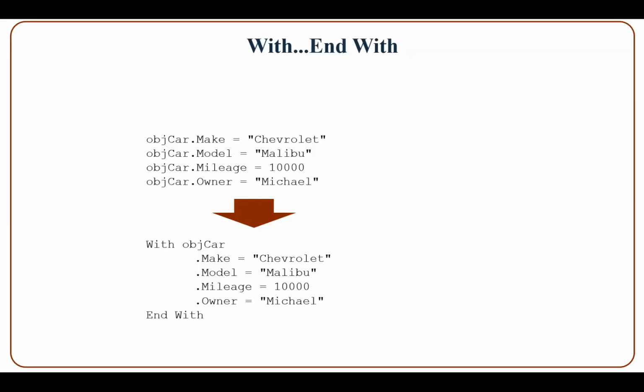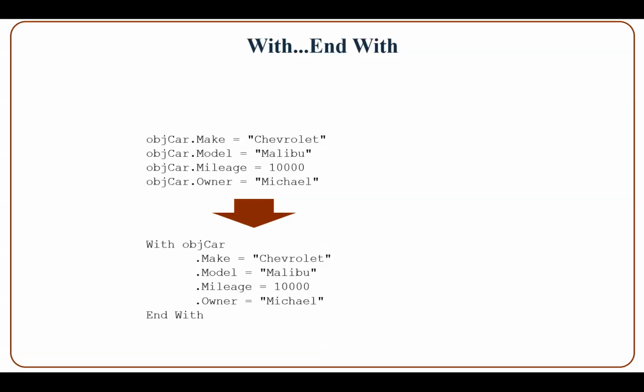But with the with and end with structure, you can write with and then the object, and later on you just need to start with a dot and then the member, for example make, and assign corresponding strings or values to them.